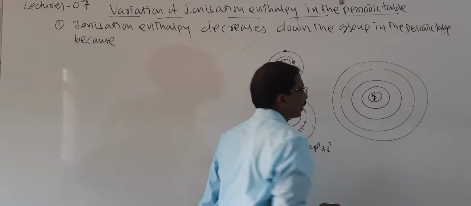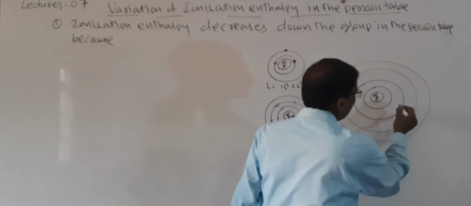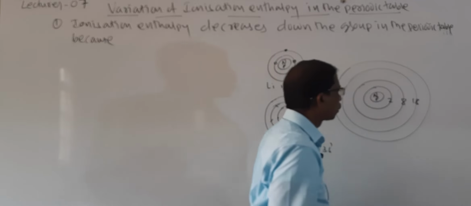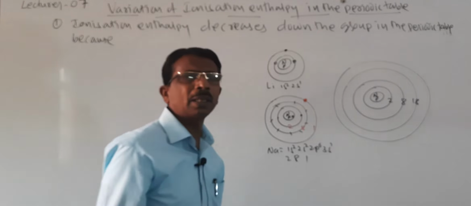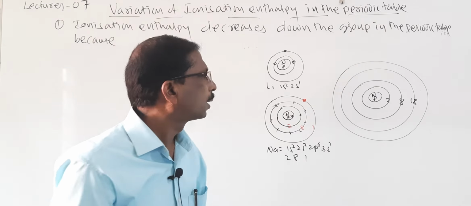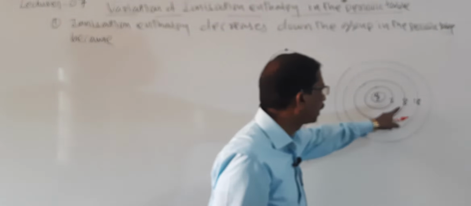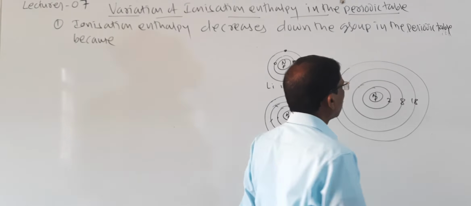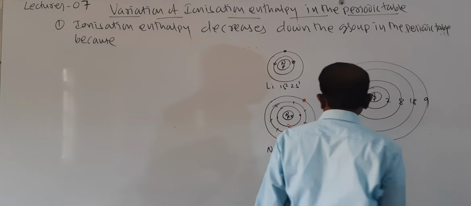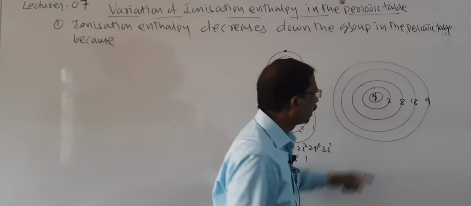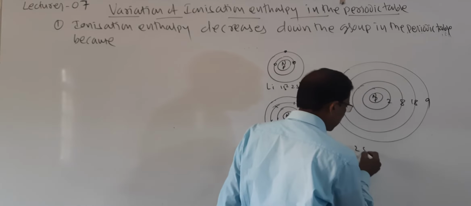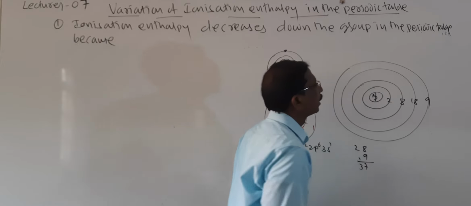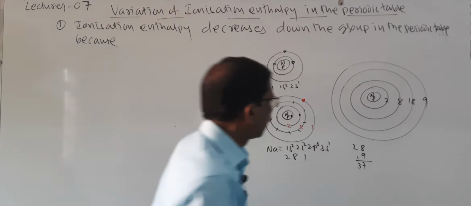First it contains 2 electrons, 8 electrons, 18 electrons, and then 8 electrons. Rubidium is 37. 37 means here it is 2, 8, 18, 8, and here you will get 1 electron. That is 28 plus 9, so it is 37. So rubidium has 1 electron in the outermost shell.